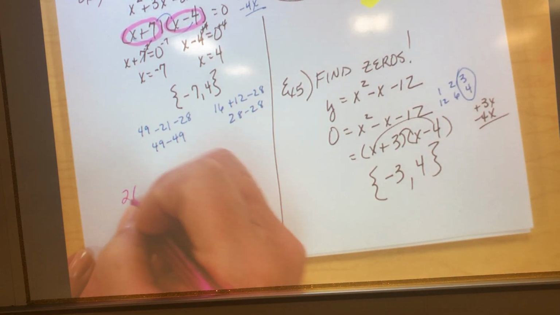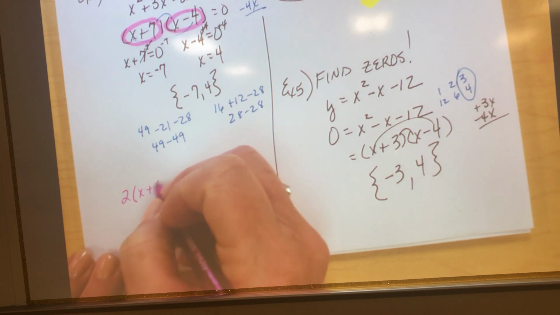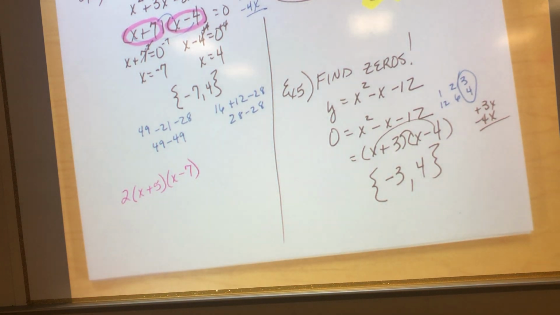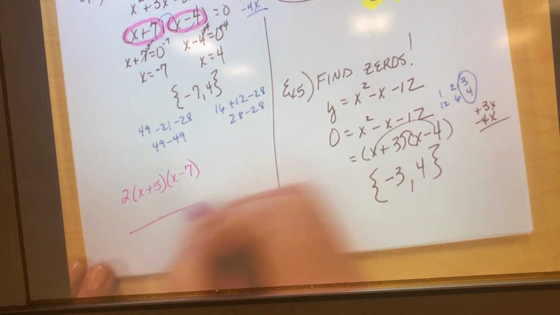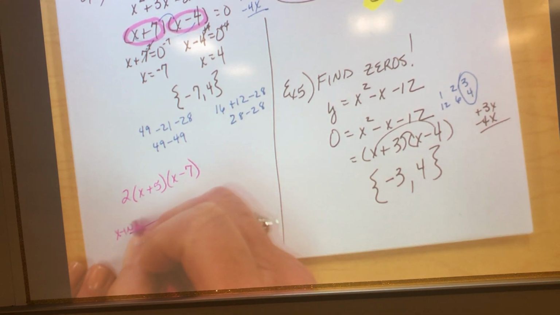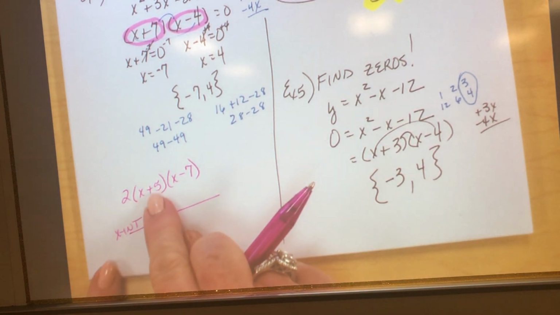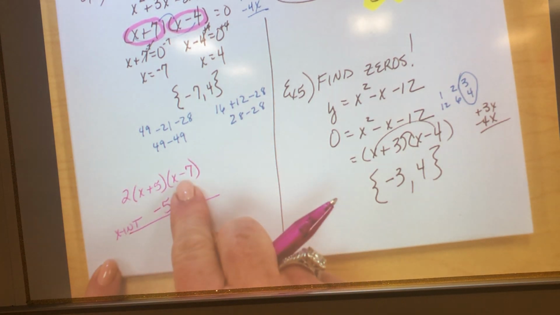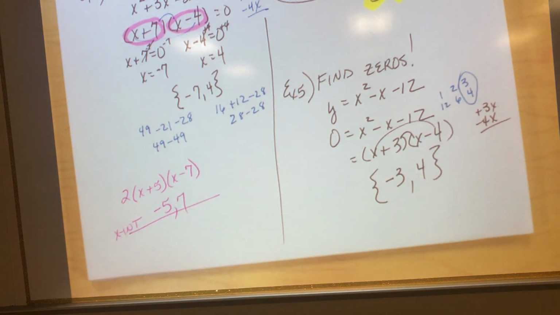There might have been a 2 right here, and then it might say x plus 5 and x minus 7. Do you agree? Yes. Okay, and I said, and the very first blank says, hey, write your x-intercepts. All right, what is this guy? Negative 5. What is this guy? 7. Okay, I do not want this, and I'm going to do it, and I want you to tell me why I don't want it.